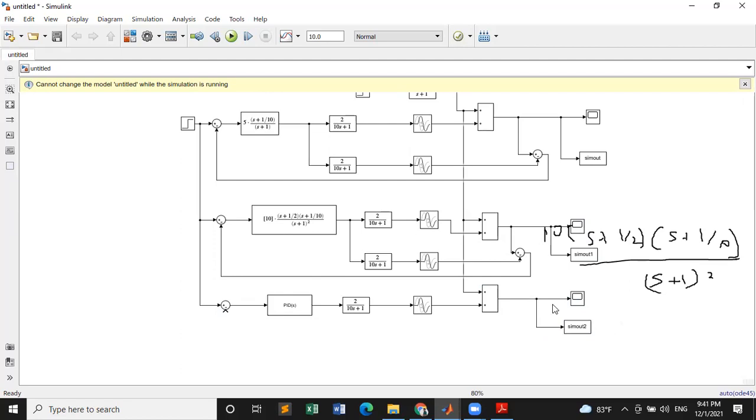So we can give this output will be. Right.